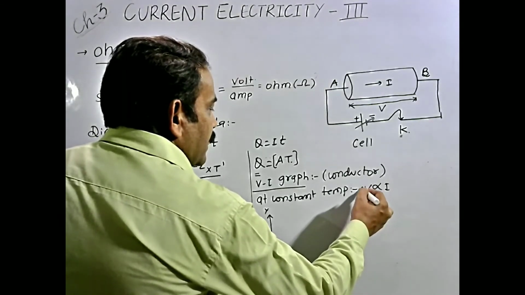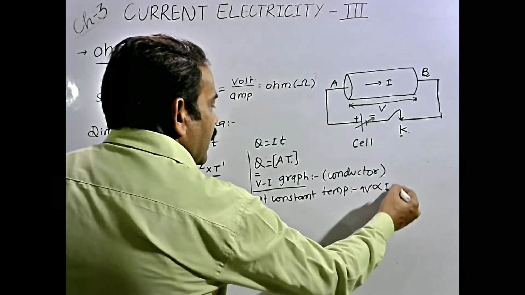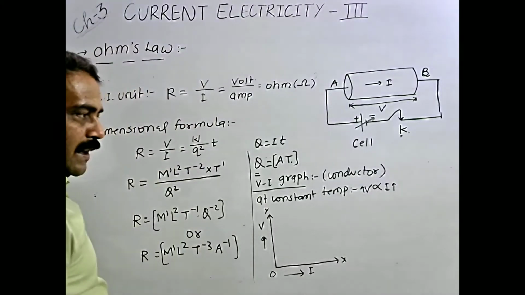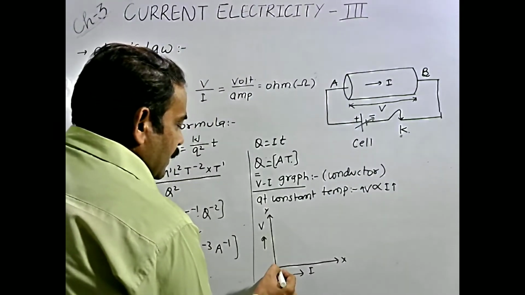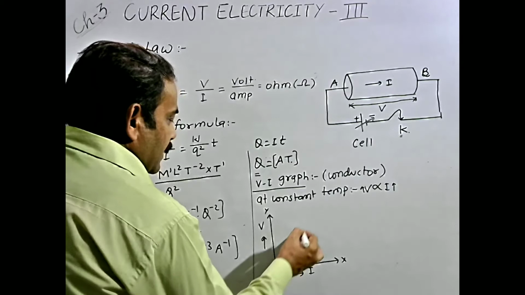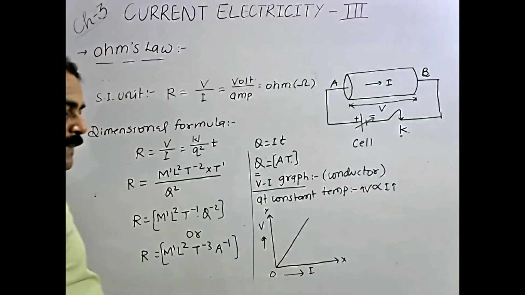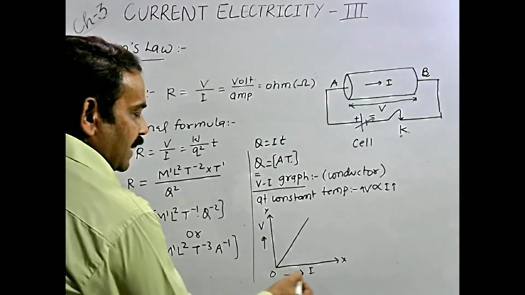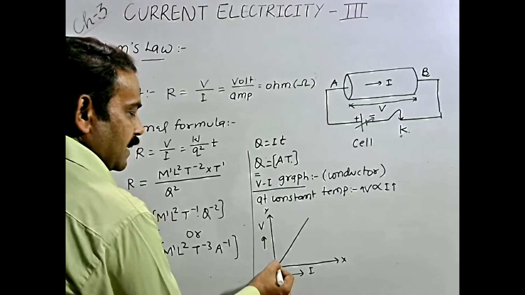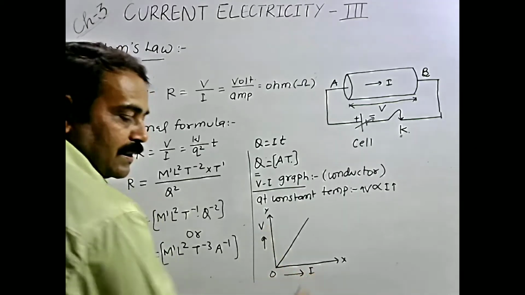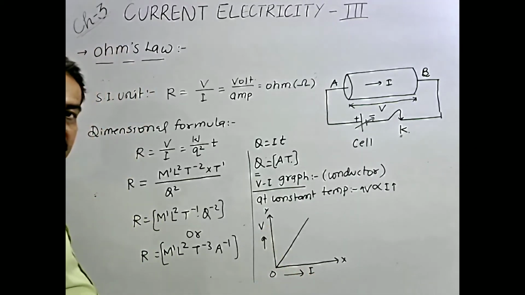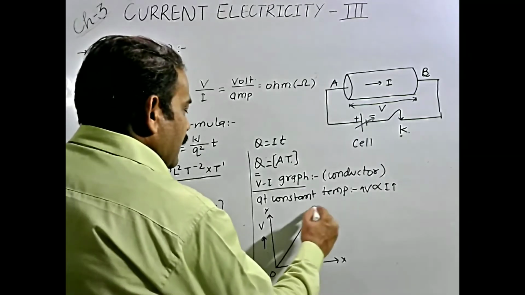When we know that V increases, I increases, and vice versa. So this graph will be a straight line passing through the origin. When voltage V is 0, current is 0. Voltage gradually increases, so current also gradually increases. Understand? The nature of this graph is a straight line.